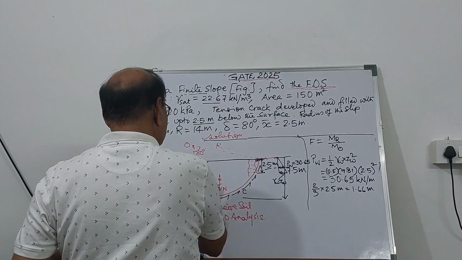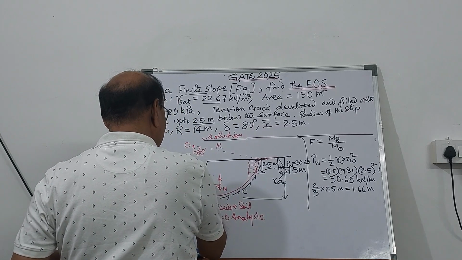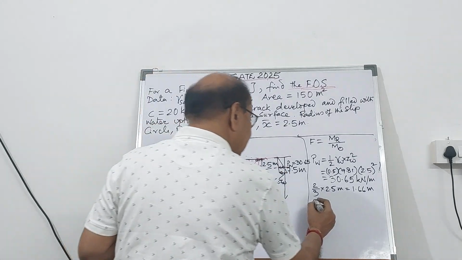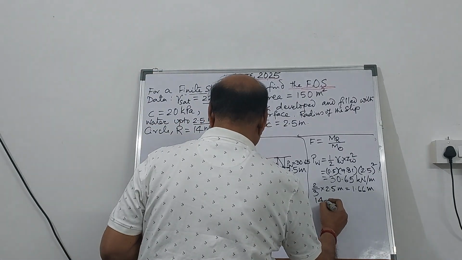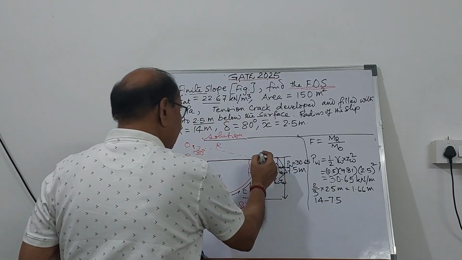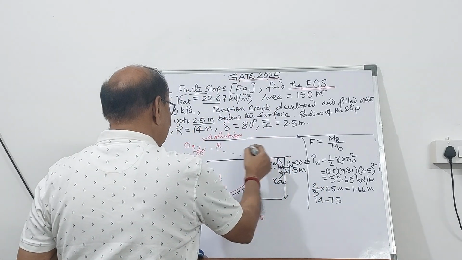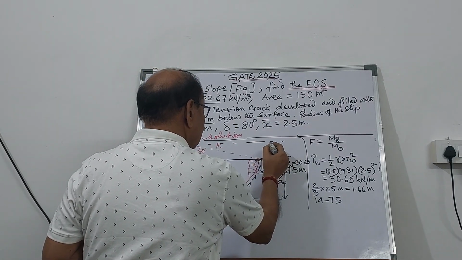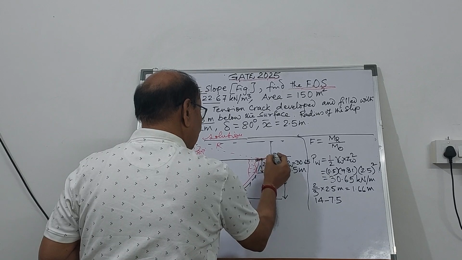And this is going to be 14 meter, r equal to 14 meter. So 14 minus 7.5, you will be getting the distance from the center of rotation up to here.